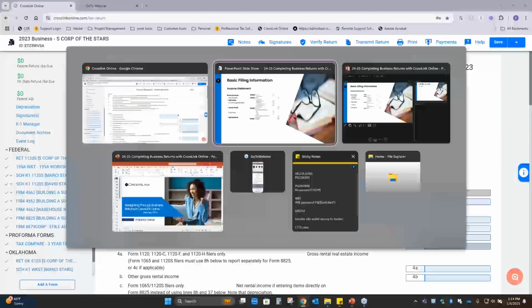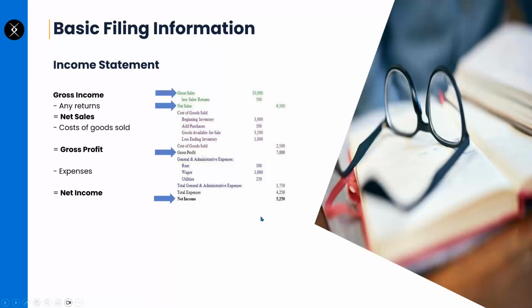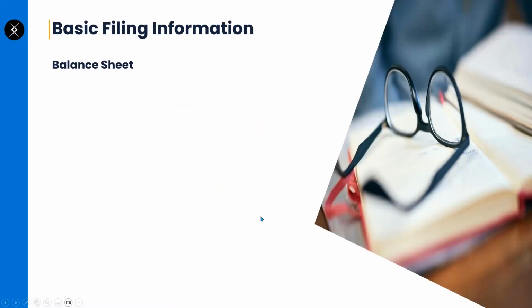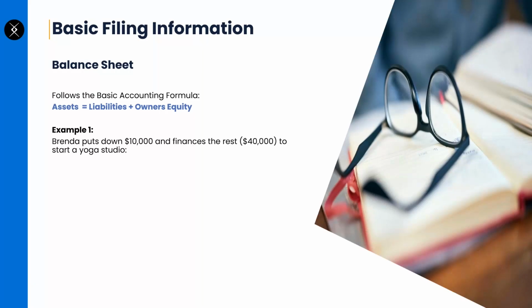Going back over what we just went over, that was the income statement, and then we have the balance sheet. The breakdown of the balance sheet follows the basic accounting formula: assets equal liabilities plus owner's equity. An example: Brenda puts down 10,000 and finances the rest to start a yoga studio. The assets equal 50,000.